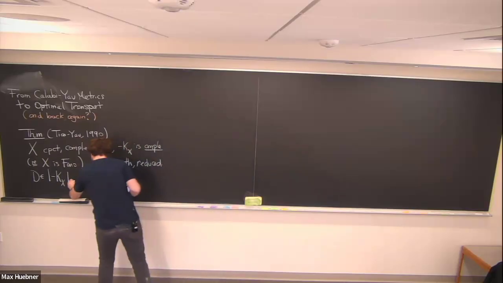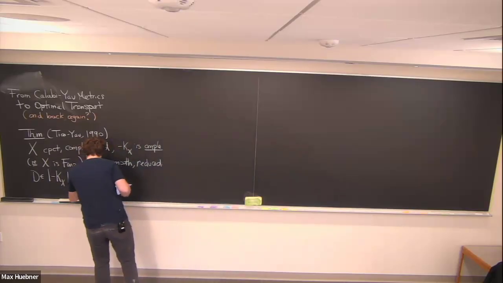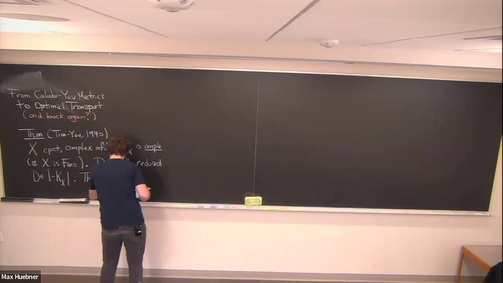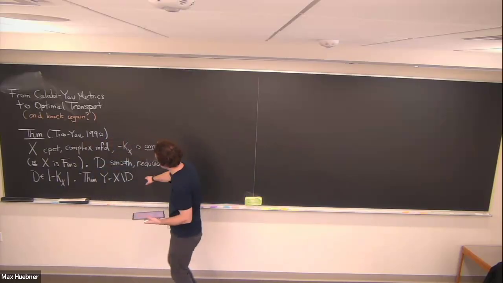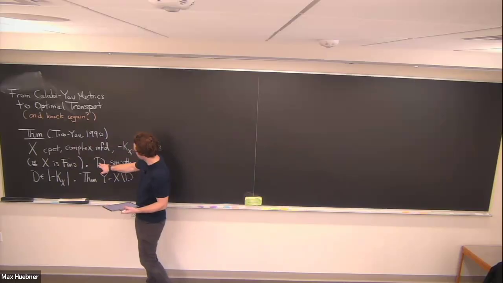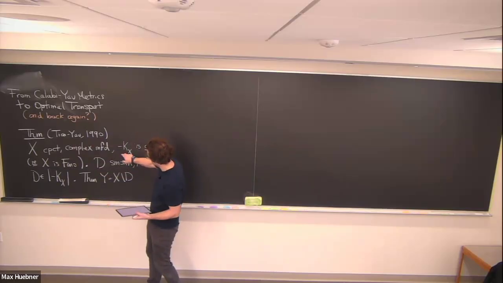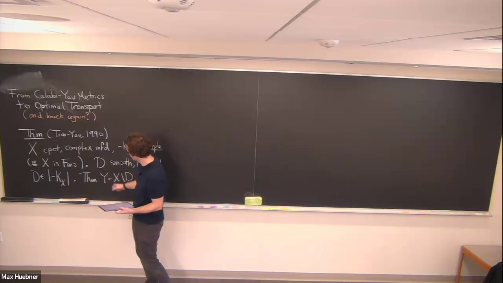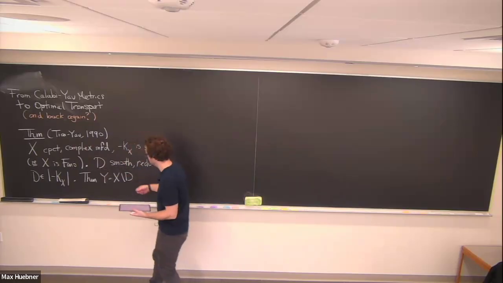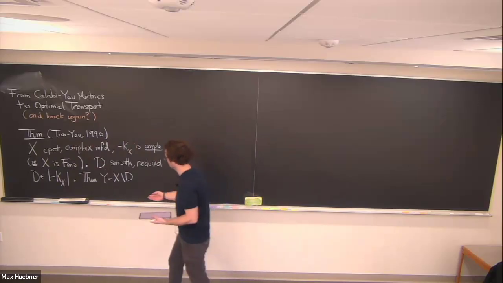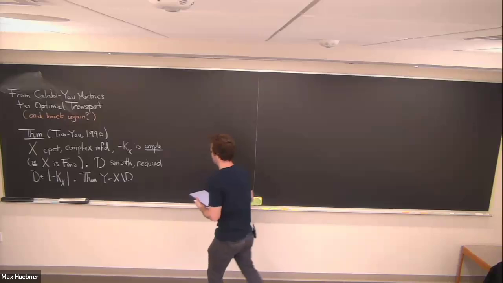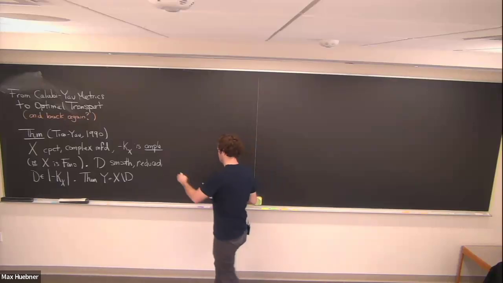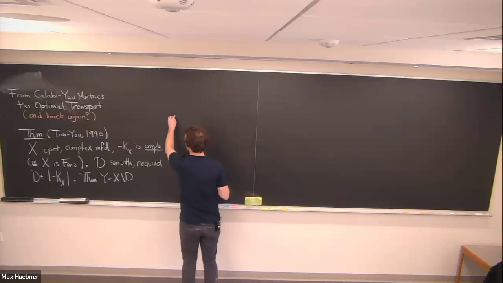Then you can look at Y, which is X minus D, the complement of D. On the complement of D, you can invert that section of the dual of the top wedge power of the tangent bundle and get a holomorphic section of the canonical bundle, which makes this a non-compact Calabi-Yau manifold in the sense that it has trivial canonical bundle.